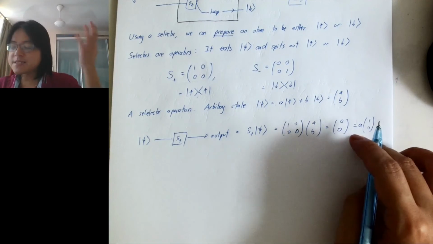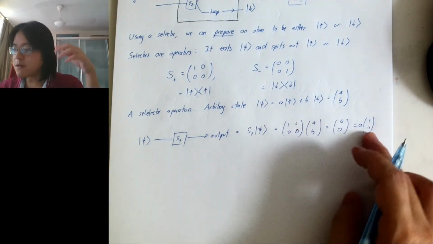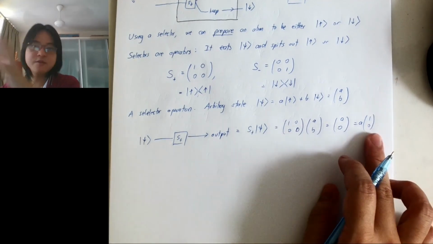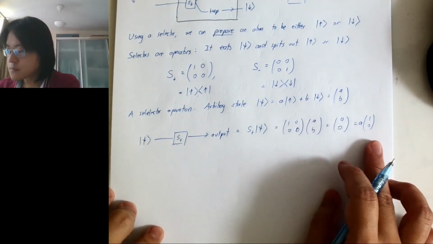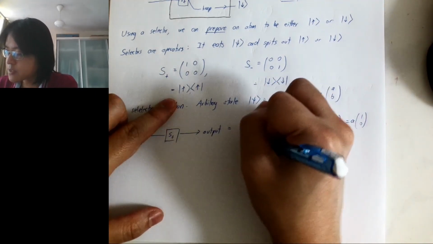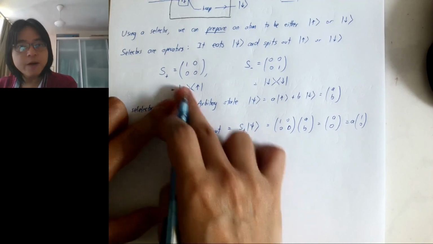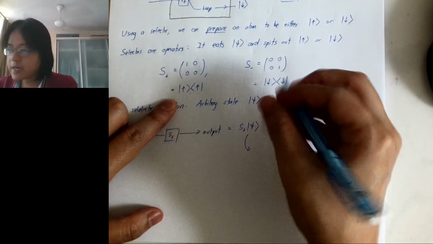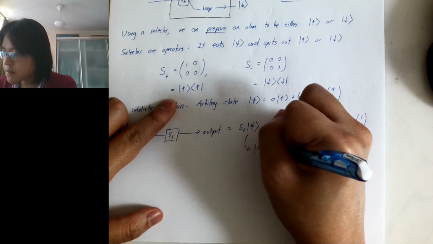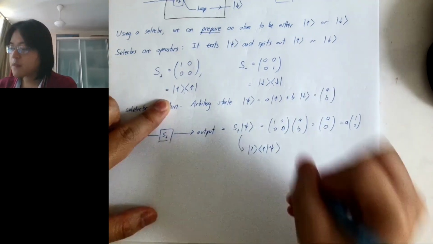Okay, but this state is not normalized. Let's worry about normalization later. But for now, everything that comes out is going to be up. We can do it in the bra-ket form, right? So S plus times this is up ket, up bra, and then psi.